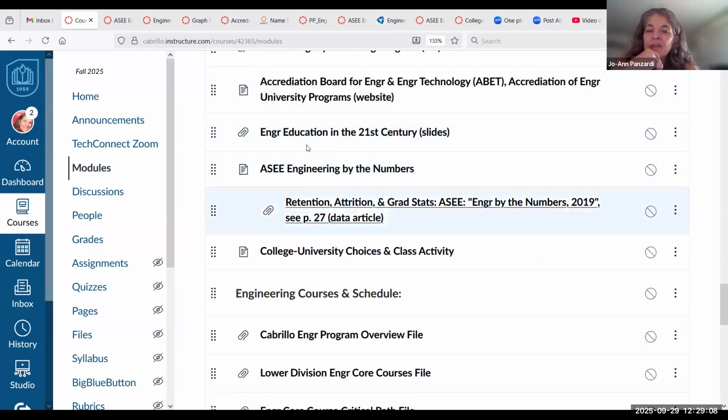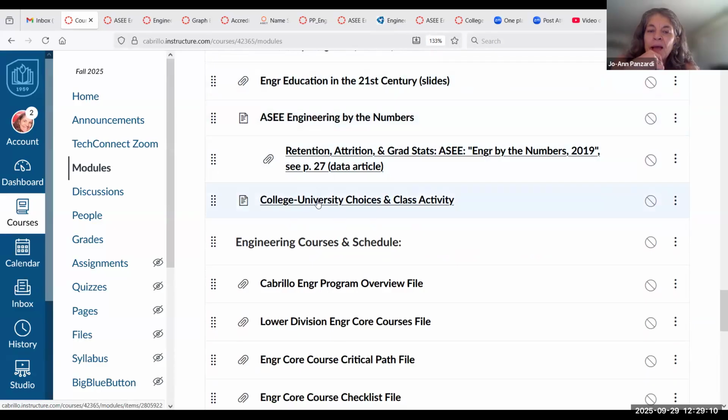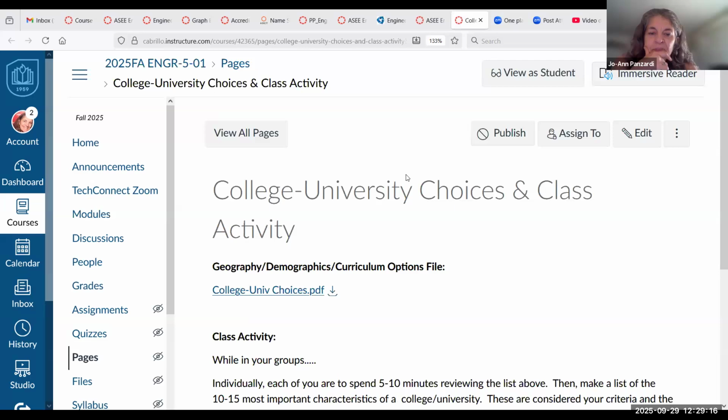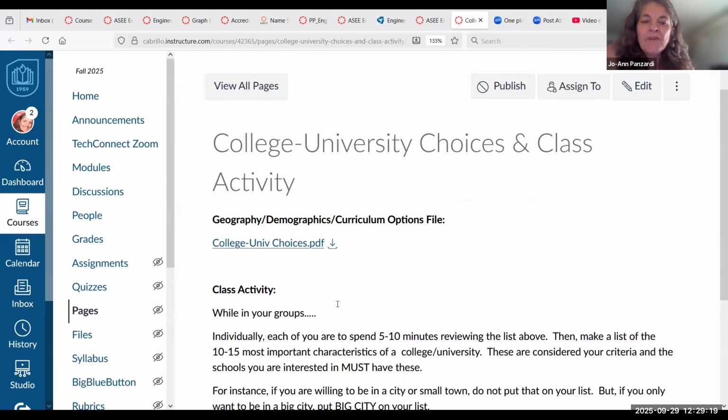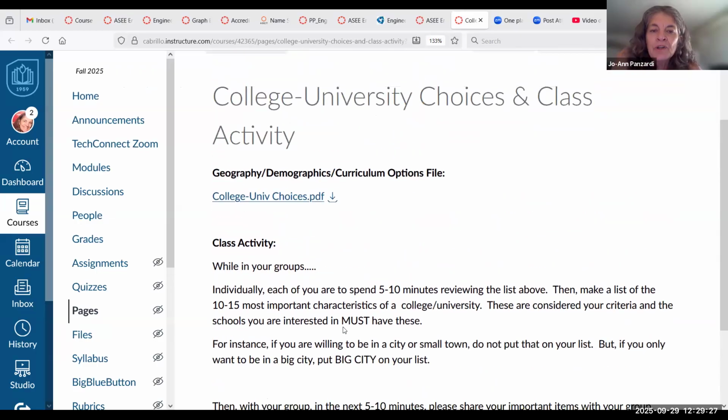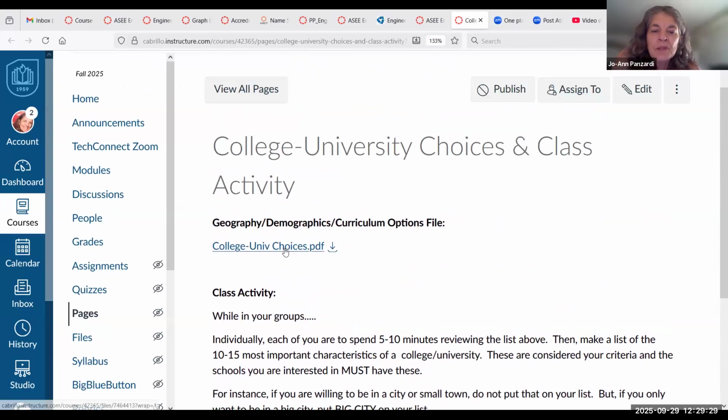We looked at the data that's in here. And the last thing is looking at college and university characteristics. So I have an activity, but I'm going to have you do the group activity when you're in class with me, but you're going to do the individual one. So let's open this first.